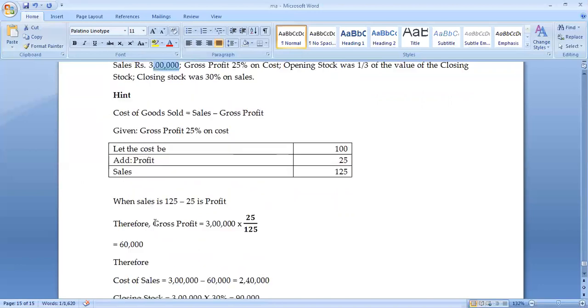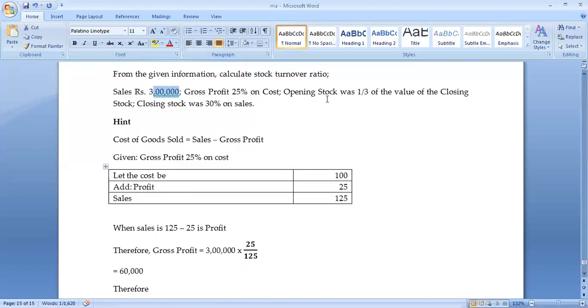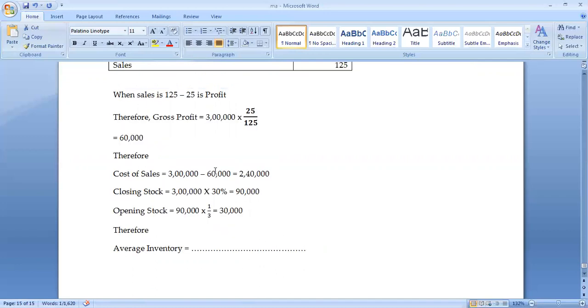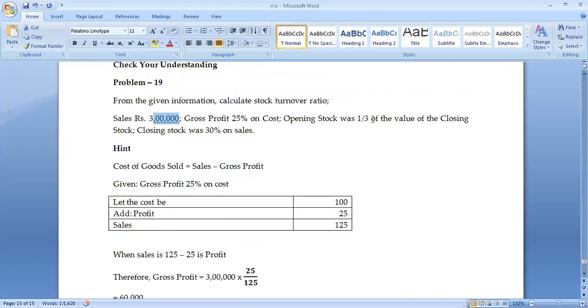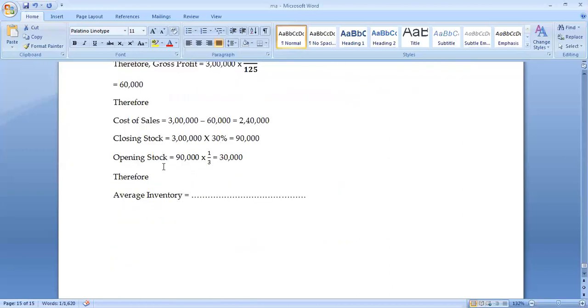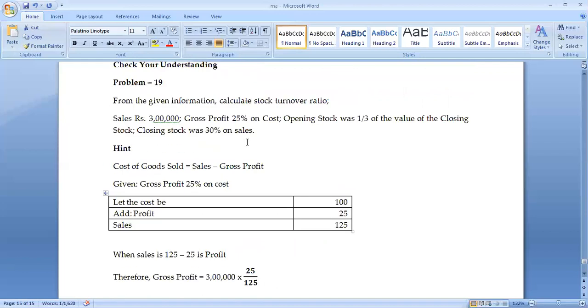Now the closing stock is given as 30% on sales, and the opening stock was 1/3 of the value of closing stock. Closing stock is 3 lakhs into 30%. See, where is that 30%?